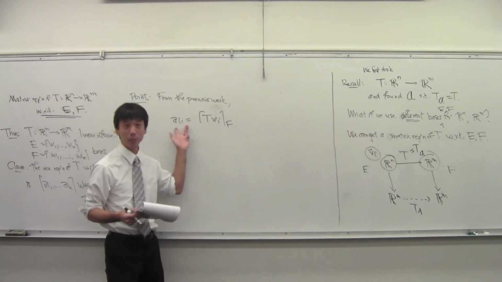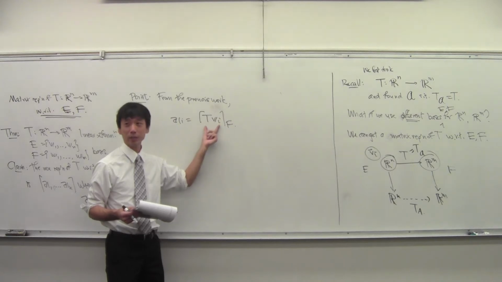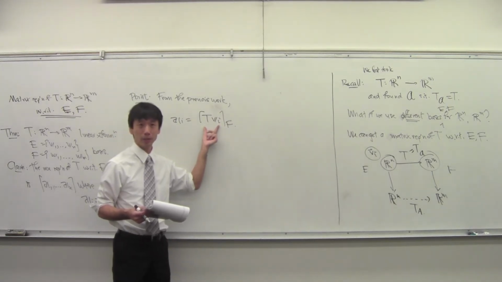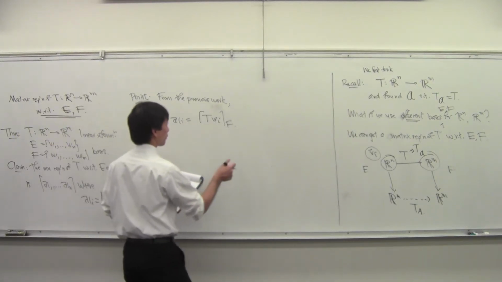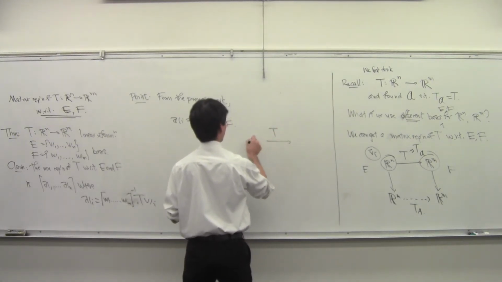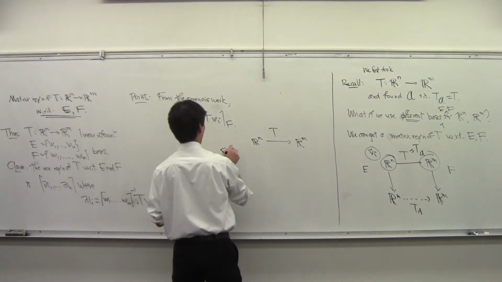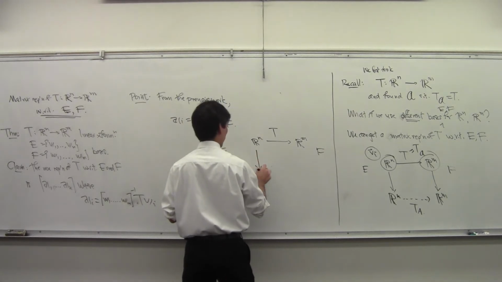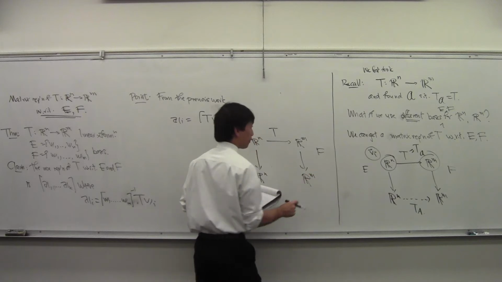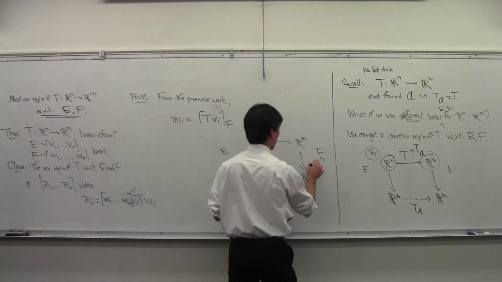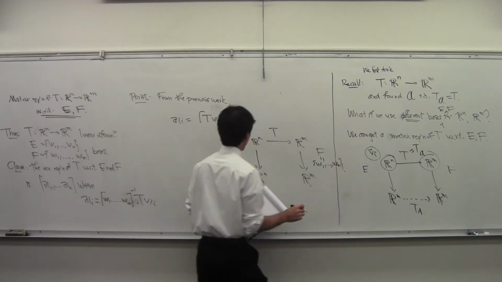The way you get the ith column of your matrix representation is to take the coordinate vector with respect to F of T(v_i). This size W1 to Wm.